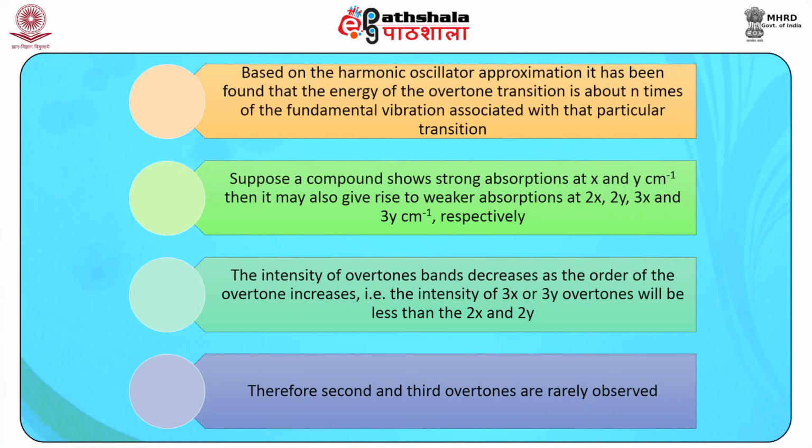The intensity of overtones decreases as the order of the overtone increases. That is, the intensity of 3x or 3y overtones will be less than 2x and 2y overtones. Therefore, second and third overtones are rarely observed.